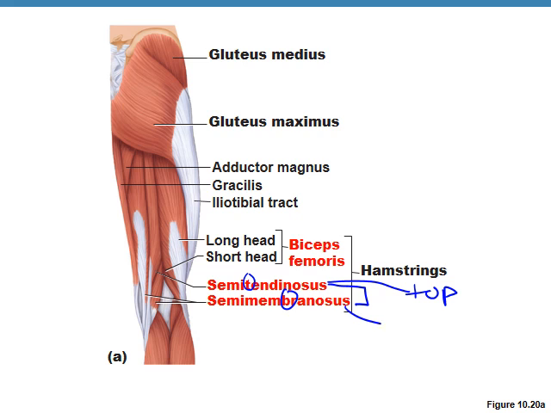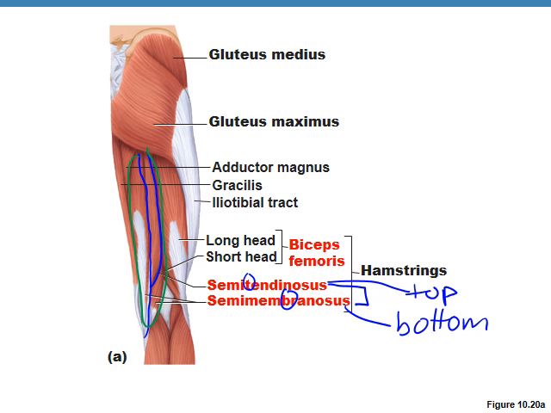The membranosus with the B is on the bottom. So let me show you tendinosus first. It is this small muscle, and then underneath is the membranosus. It's more of a flat, broad muscle. So the semitendinosus sits directly on top of the semimembranosus.